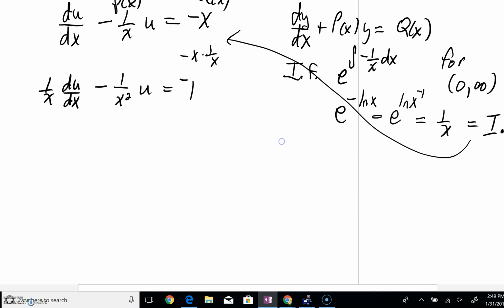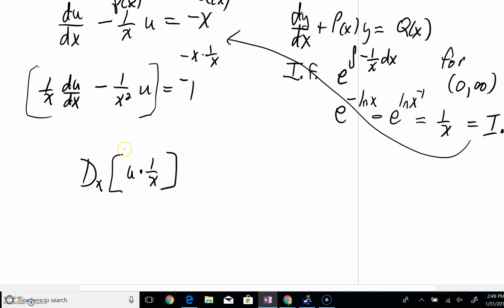Well, the whole purpose is now you look at this and say, is this left side really in the product rule? And it is. Look to your du dx to find that. You could say, well, look, I'm taking the derivative of u times 1 over x. We see the du dx. We know we're taking the derivative of that u.